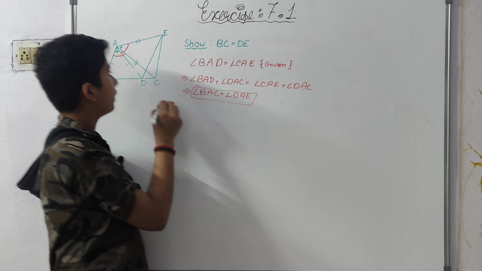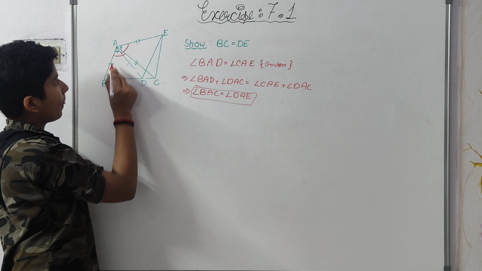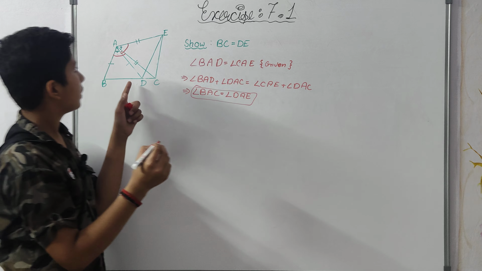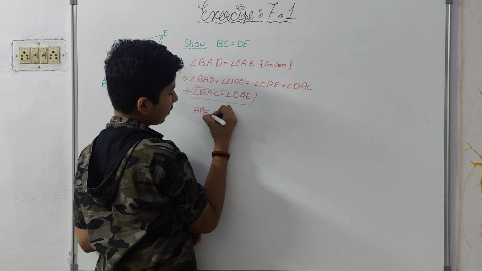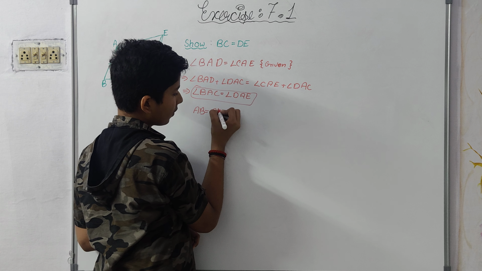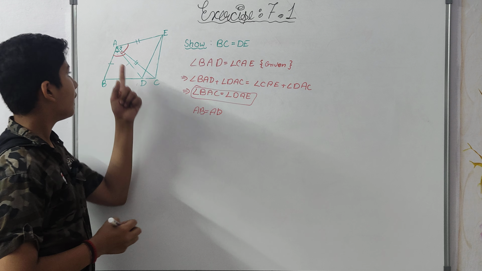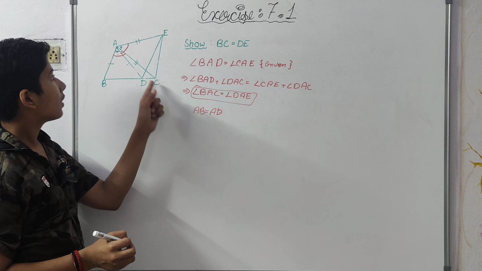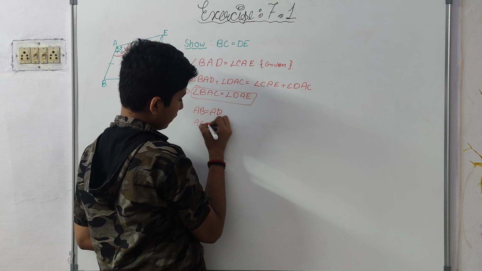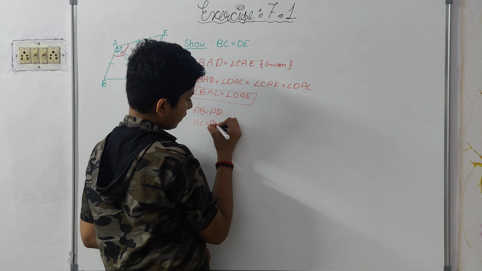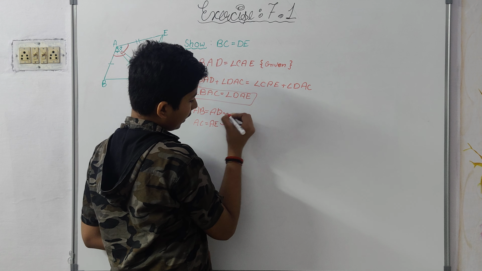Now AB equals AD, and AC equals AE. Here you will write given.